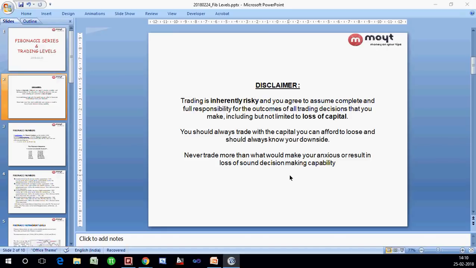As a personal advice, when I put on a trade, the first thing that comes to my mind is, if I am wrong, how much am I going to lose, and whether that amount is okay to me or not. So let's suppose I can digest a loss of maybe 2,000 or 5,000 rupees.